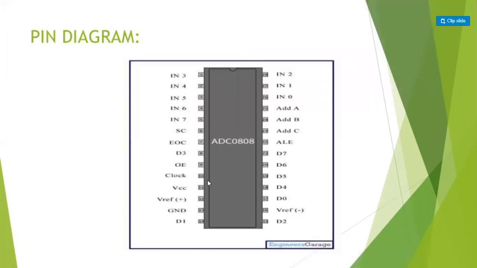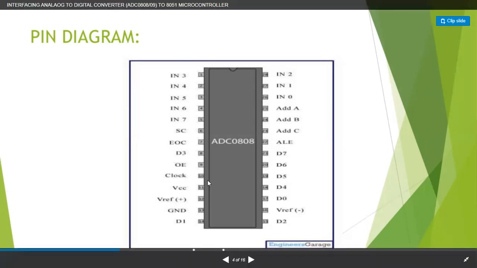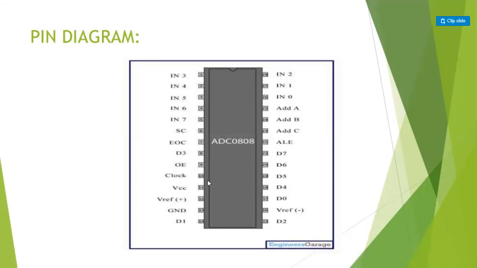This is the pin diagram of the ADC. We can take either ADC 0808 or 0809. There are 28 pins, with pins 1, 2, 3, 4 and 5 as input pins IN3, IN4, IN5, IN6, IN7, and on the 28, 27, 26 side, IN0, IN1, IN2.